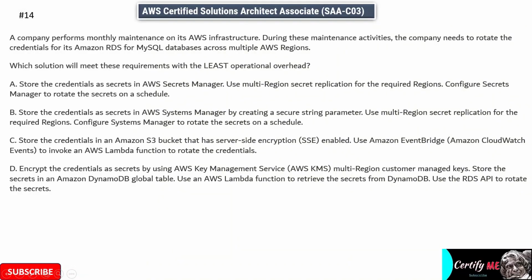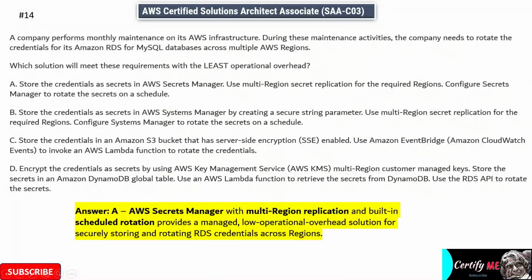Use Amazon EventBridge to invoke an AWS Lambda function to rotate the credentials. Option D. Encrypt the credentials as a secret by using AWS Key Management Service multi-region customer managed keys. Store the secrets in an Amazon DynamoDB global table. Use an AWS Lambda function to retrieve the secrets from DynamoDB. Use the RDS API to rotate the secrets.